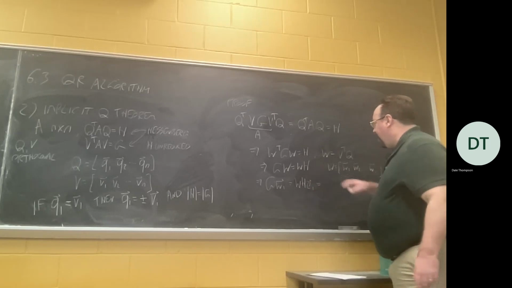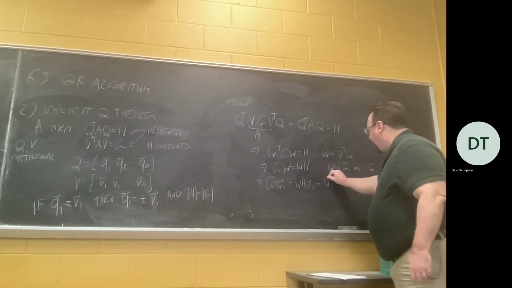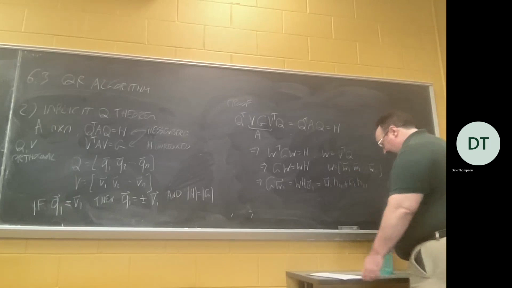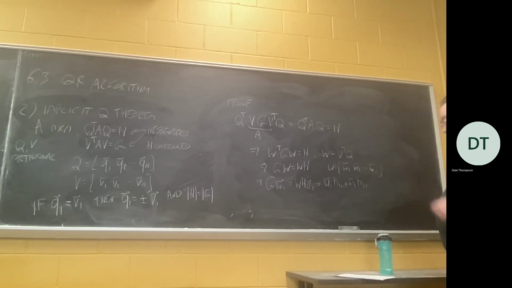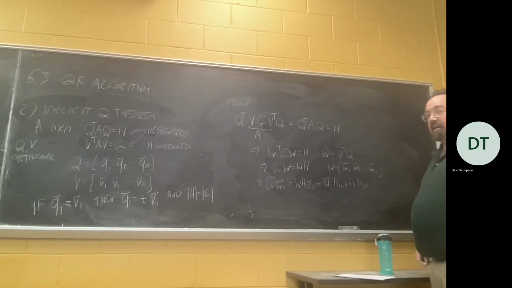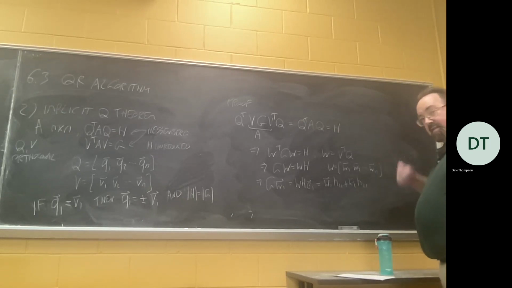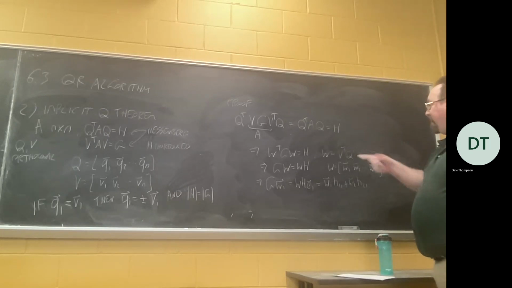So this is a linear combination of only the first 2 columns of W: W1 H11 plus W2 H21.